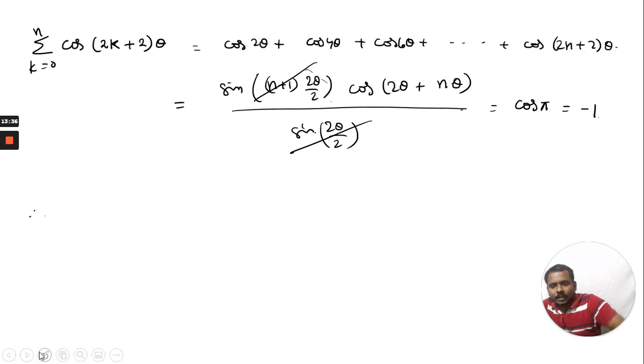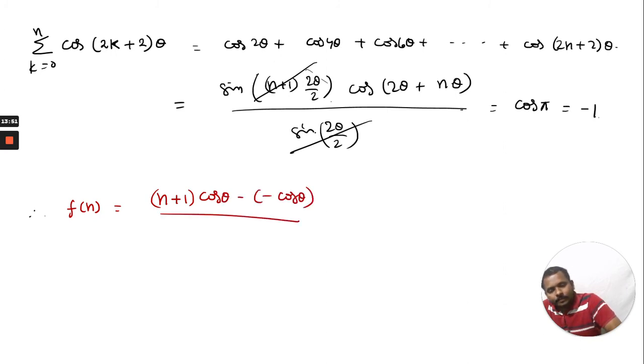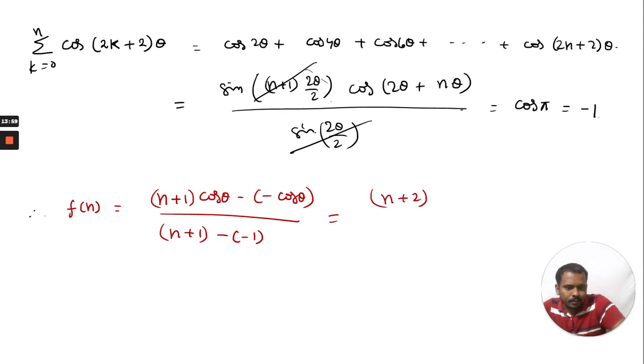Therefore, our f of n is equal to (n plus 1) into cos theta minus of minus cos theta, by n plus 1 minus of minus 1, which is equal to, this is (n plus 2) into cos theta by n plus 2.